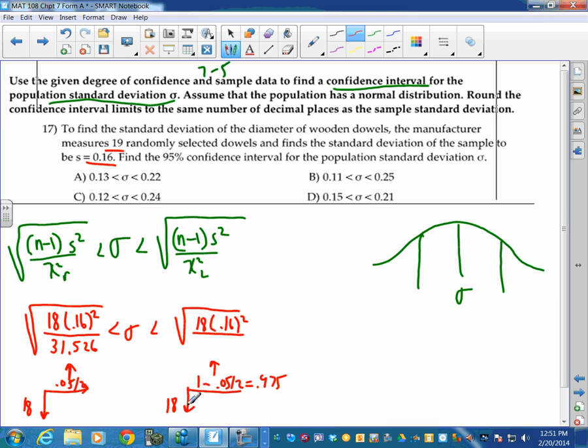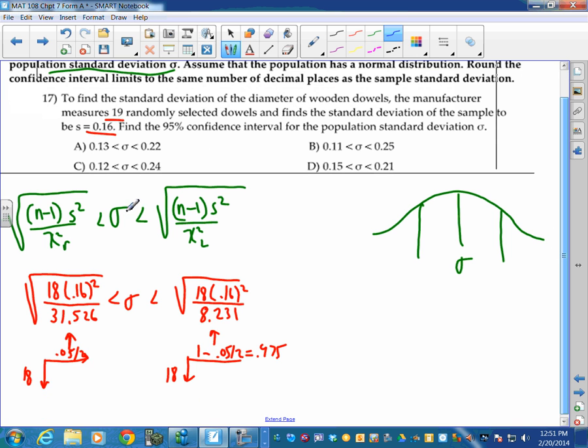So 8.231? 8.231. Now you simply punch it out with big kid parentheses, and do it all at once, and get your answer.